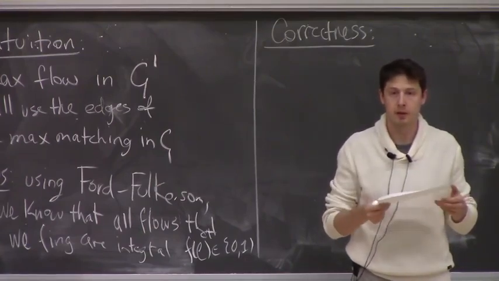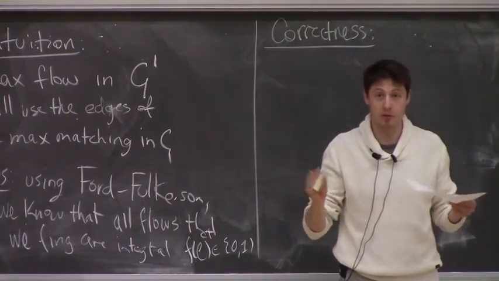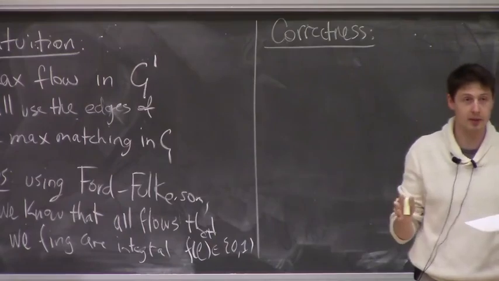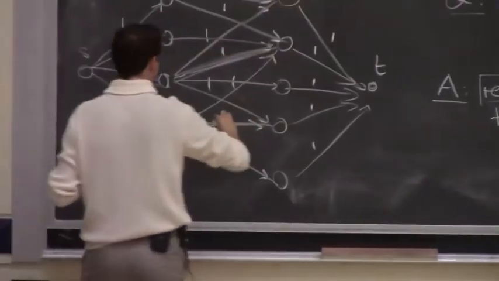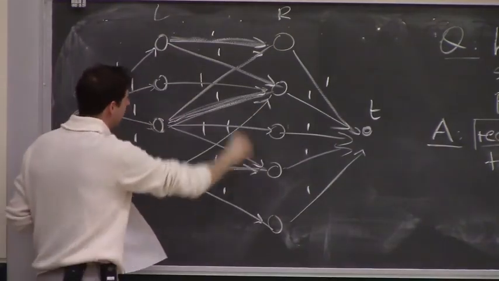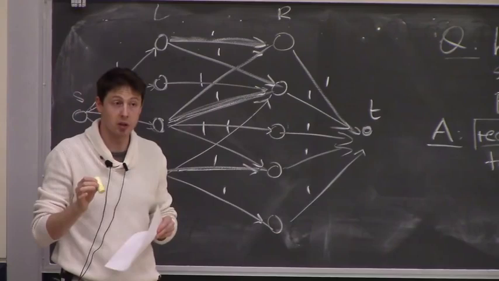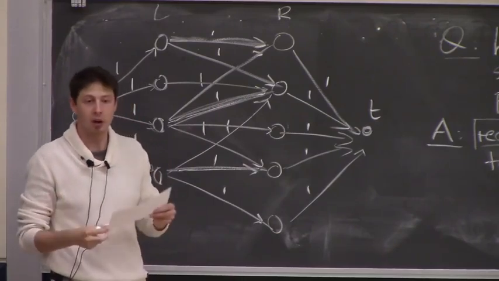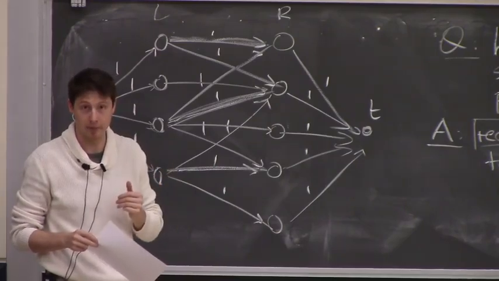Yeah? Yeah, I just output those, okay? Excellent. So the answer is that once I find a maximum flow, I don't really care what's happening here or here. In particular, in the middle here, every edge carries a flow of either 0 or 1. I take all of the ones that have 1 assigned to them, and I call those a matching, okay?